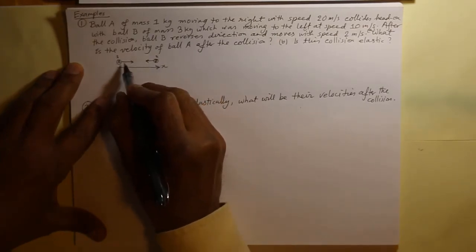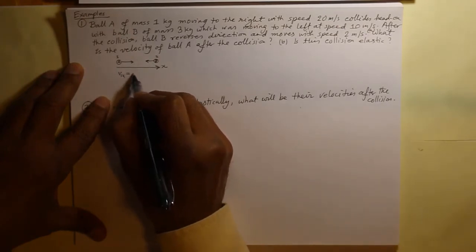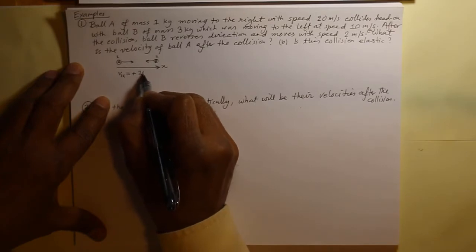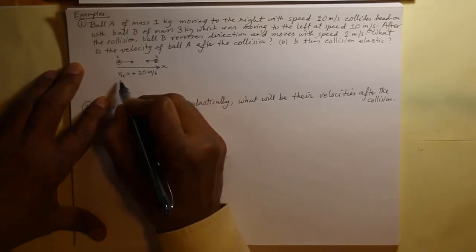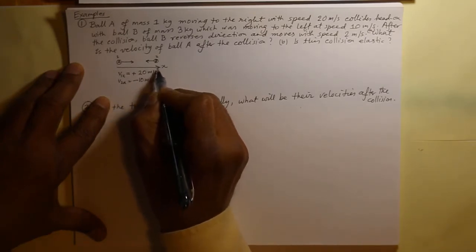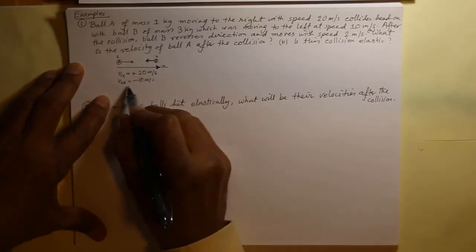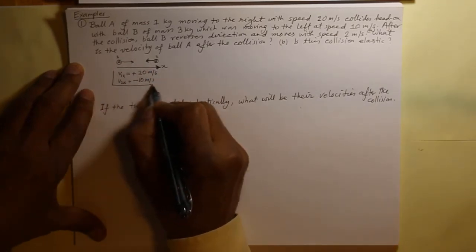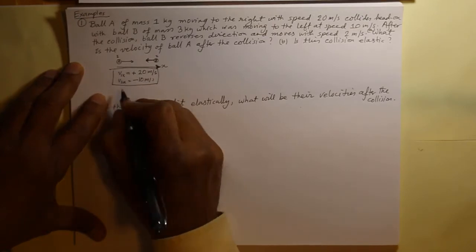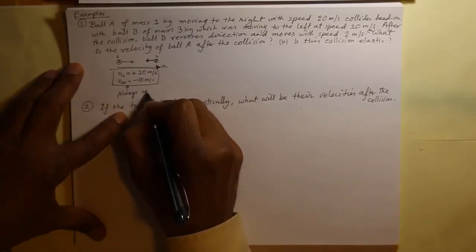So we have v1x will be plus 20 meters per second, and v2x will be minus 10 meters per second, because the x-axis is pointed that way and this is going that way. So that's what I was saying, you have to work this out first. Always work this out first.